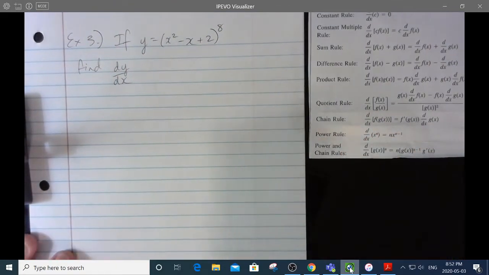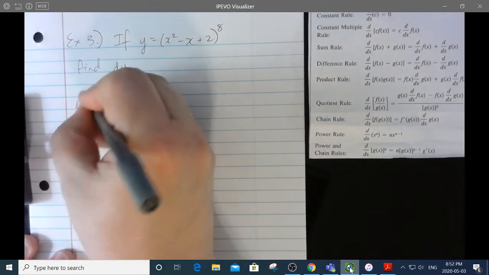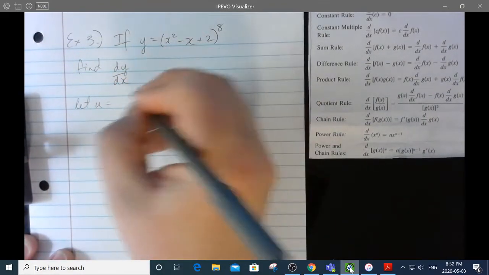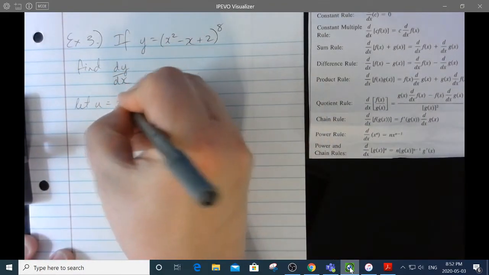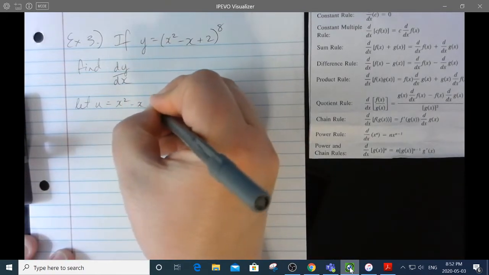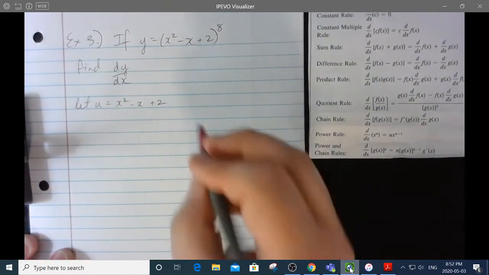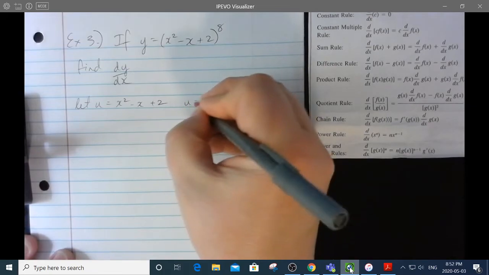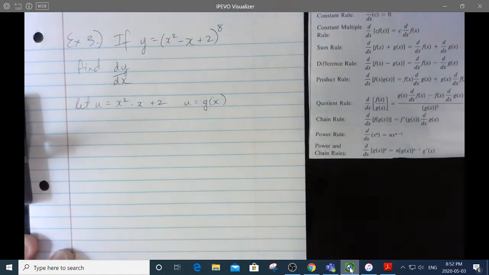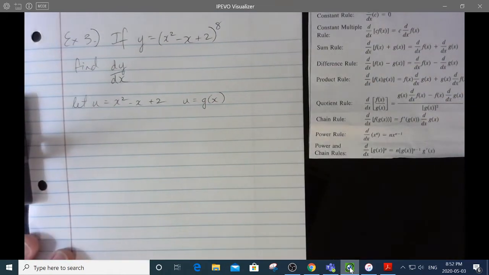Okay, so once again I can say, all right, I'm going to let this inside bracket be a different function called u, and u is of course going to be a function. I'll give it a different lettering. I'll call it g of x.